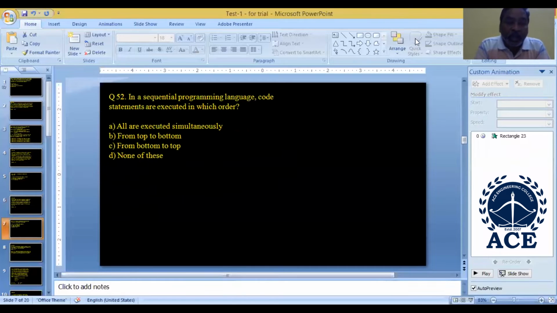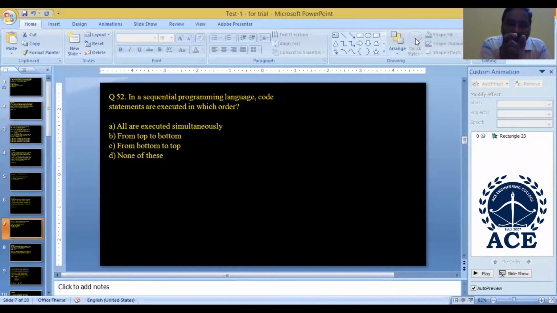We'll go to the next question, question number 52. In a sequential programming language, code statements are executed in which order? Fairly simple question, very easy to answer. It is very clear, and the hint is given in the question itself. When you solve a problem, first of all, you have to identify the keyword.